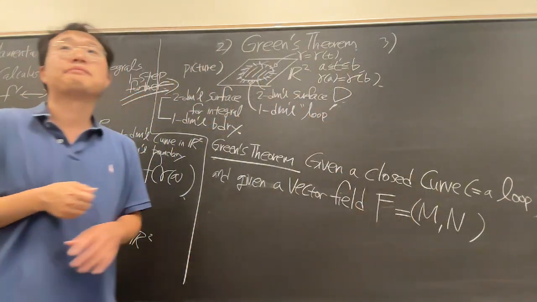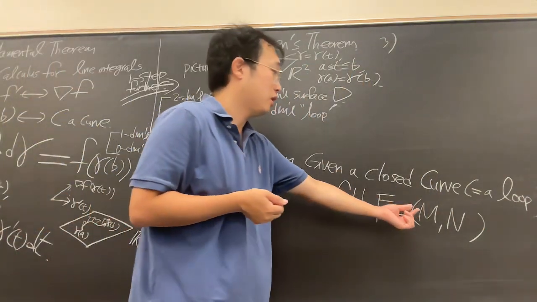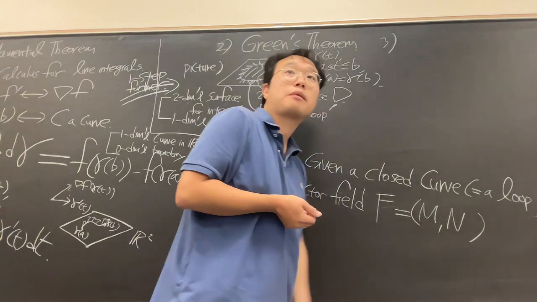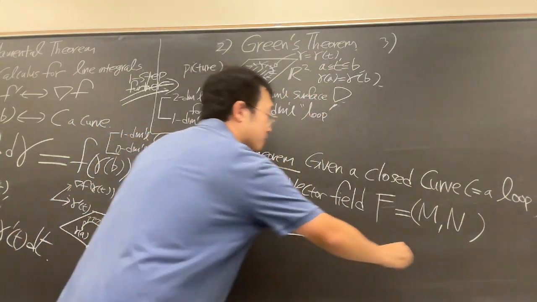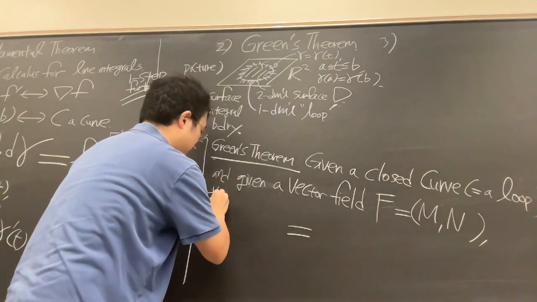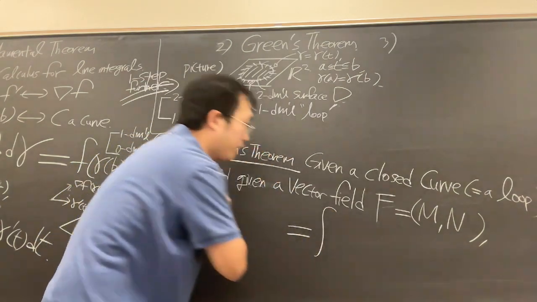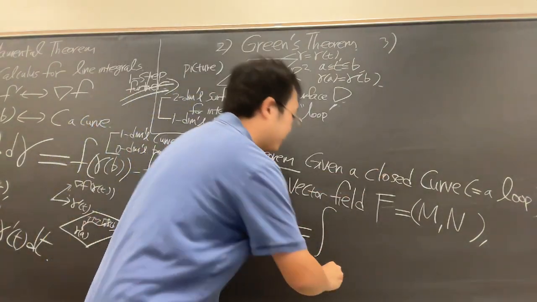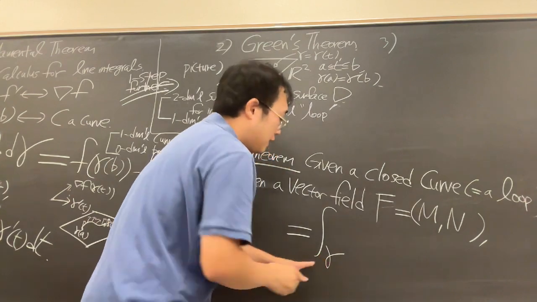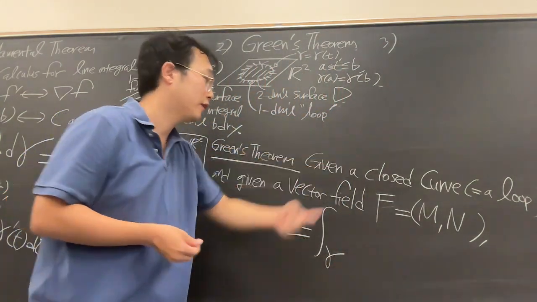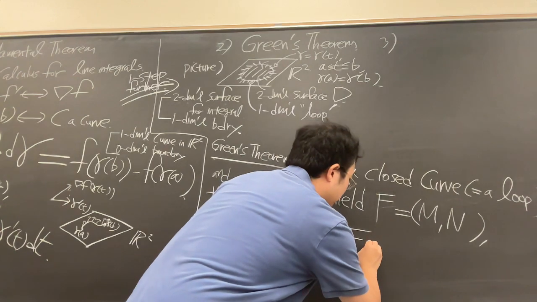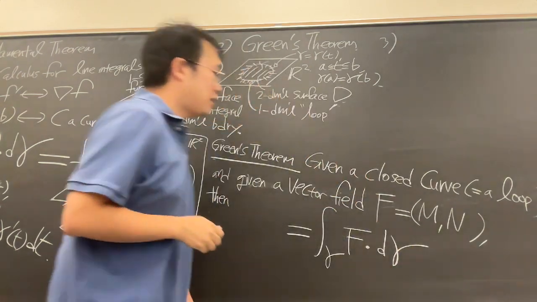The x component function is denoted by capital M, the y component is capital N. So the right-hand side is written by the integral along this curve, gamma. You can just say this is C, it's up to you, but you know what I mean. This is our right-hand side.